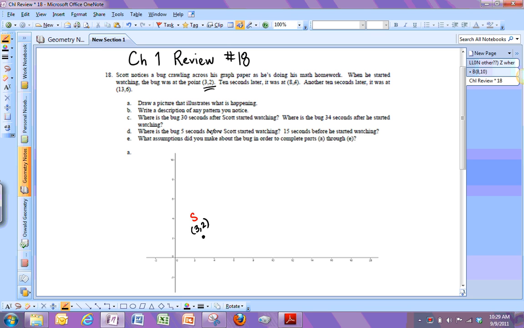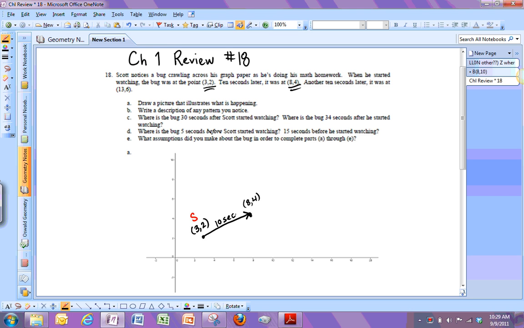Okay, 10 seconds after that, it's at (8, 4). So 8, and 2, 4, 6, 8, 4, right here. (8, 4). And so I'm going to connect them. And then let me make that a little bit straighter. And then I'm going to say 10 seconds right here, just so we have that.